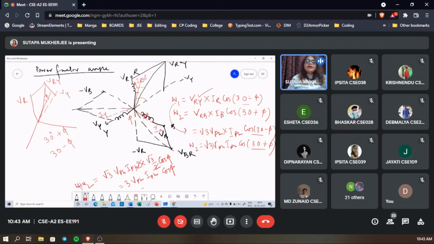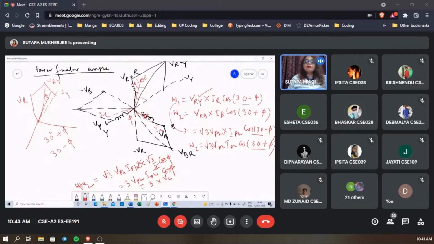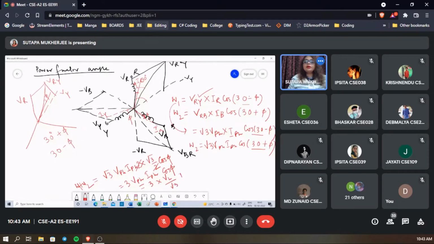So what is V phase? Anybody? VL by root 3. VL by root 3 into I phase, which means IL in star connection. So it will give root 3 VL IL cos phi. Yes, ma'am. So this is the total power in case of 3-phase power.